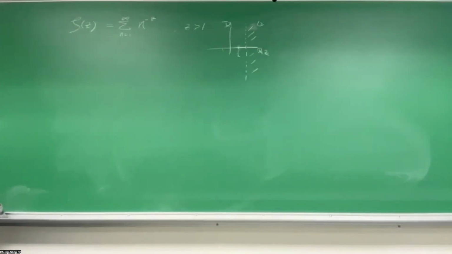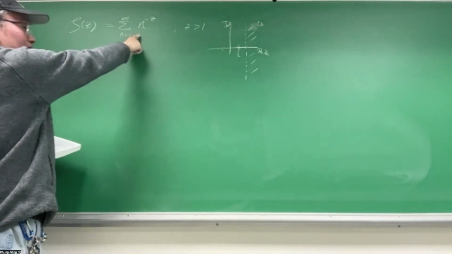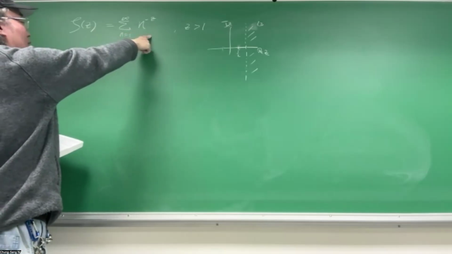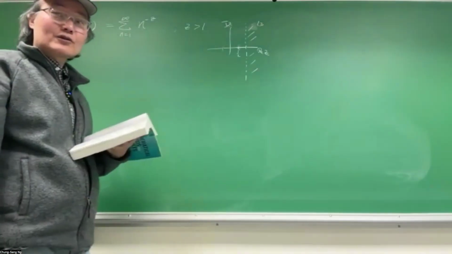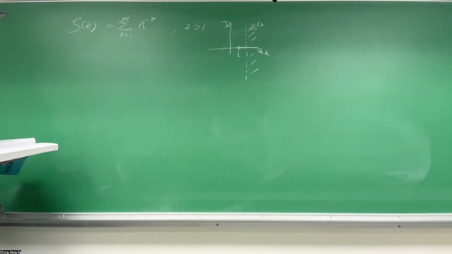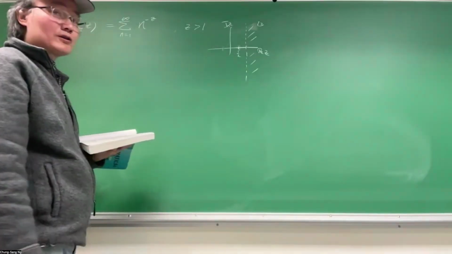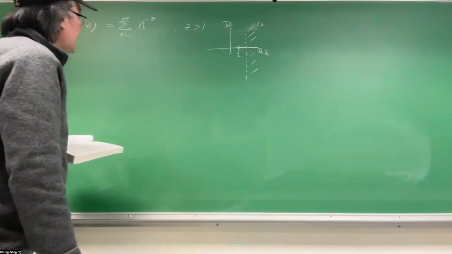You define another series, because this series has all positive coefficients, right? This is not an alternating sign series. All terms are of the same sign, all terms are positive. So you can increase the convergence by changing it to an alternating series.